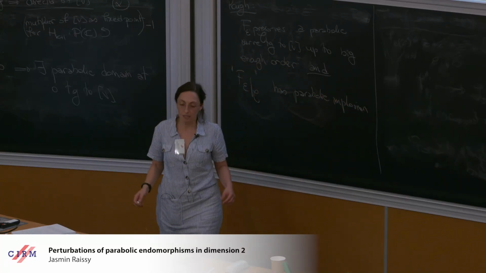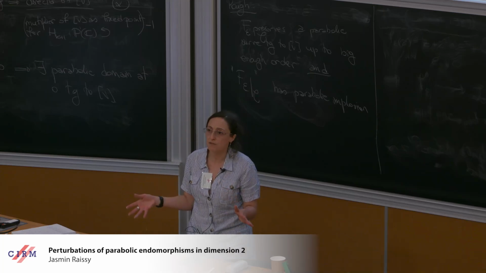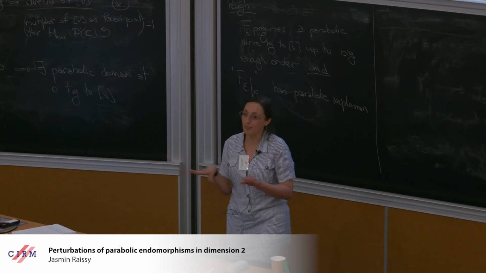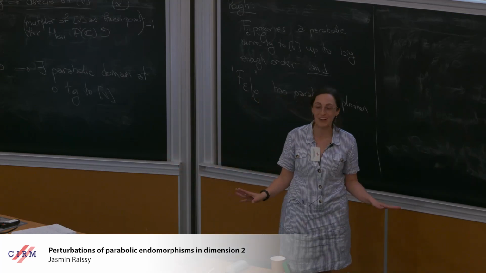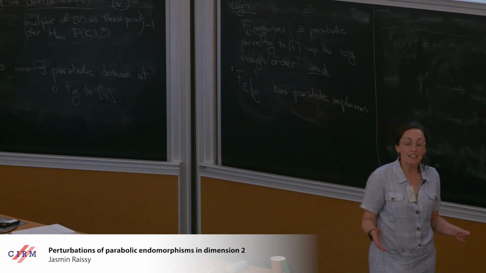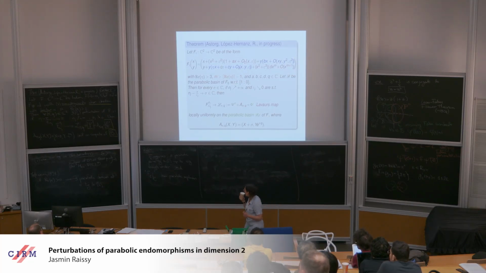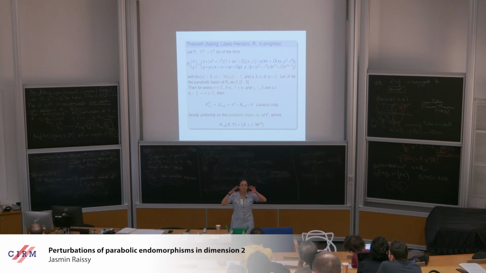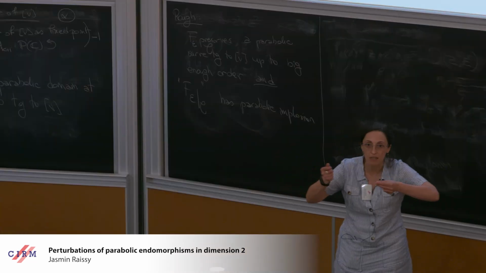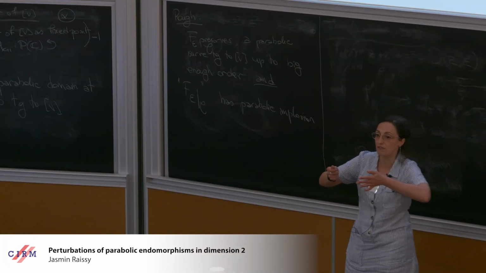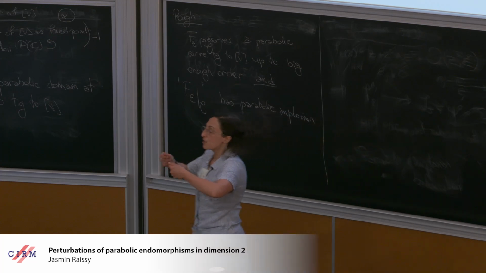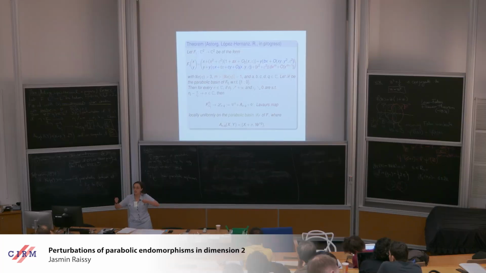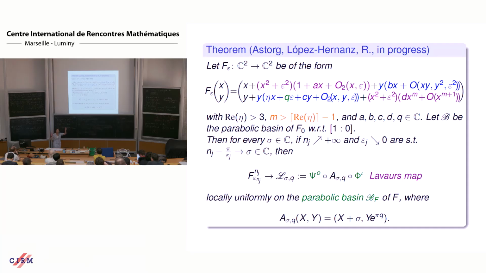So this is the last 4 minutes. Now I'm only talking to the experts, okay? I know it, so I will not do the effort anymore, if ever there was any. So what's happening here is that if you're working with direct products, you will perturb in the direction where you want to have parabolic implosion, okay? In here, the direction where you want to have parabolic implosion is the direction that I put at 1, 0 over there to simplify my statement.